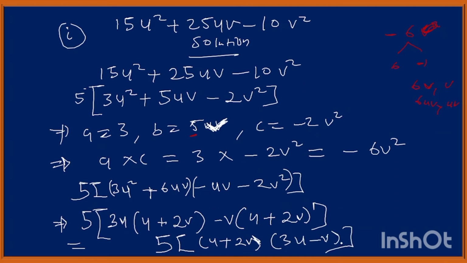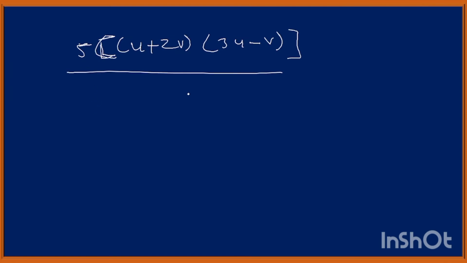So that is our answer. Our answer for that question is 5 into u plus 2v and then 3u minus v. You can as well stop the video and check it out. So that's our answer for that question.